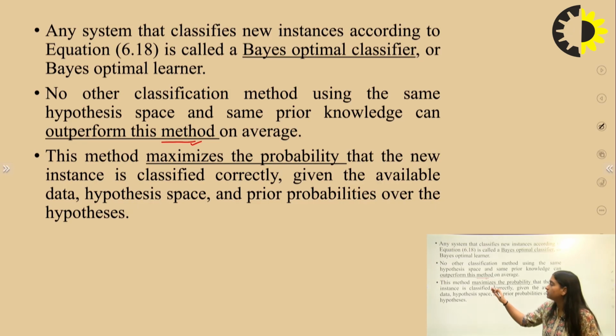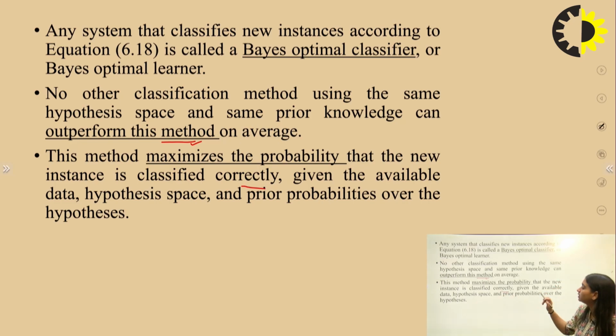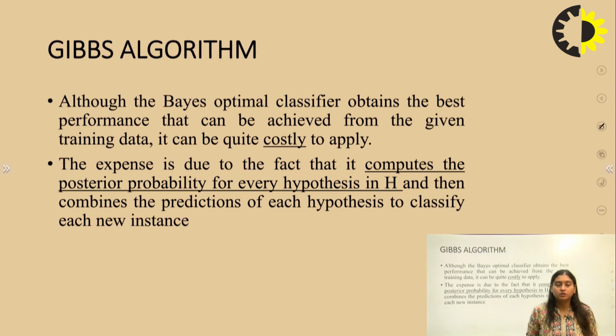This method maximizes the probability that the new instance is classified correctly, given the available data, hypothesis space, and prior probabilities over the hypotheses. It means it maximizes the probability that the new instance is correctly classified, whether it belongs to the yes class or no class. So it ensures that it maximizes the probability of the exact classification. Okay, so we are done with the Bayes optimal classifier.